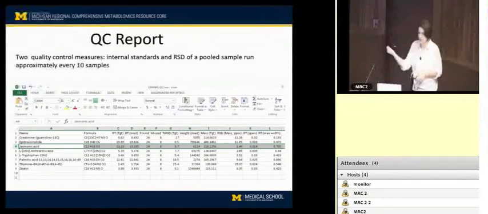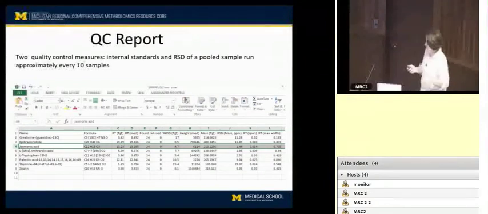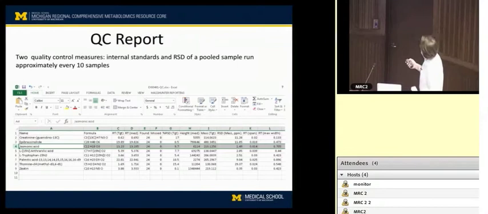So we've dried down the sample, and we resuspend it into the mobile phase that we're going to use for the run, and we add a second internal standard for that, just to get 2 different measures of what's going on. One is how well do these things dry down and then come back into solution. The other one is just how well the instrument itself is performing if you don't take any of the preparatory steps into account.